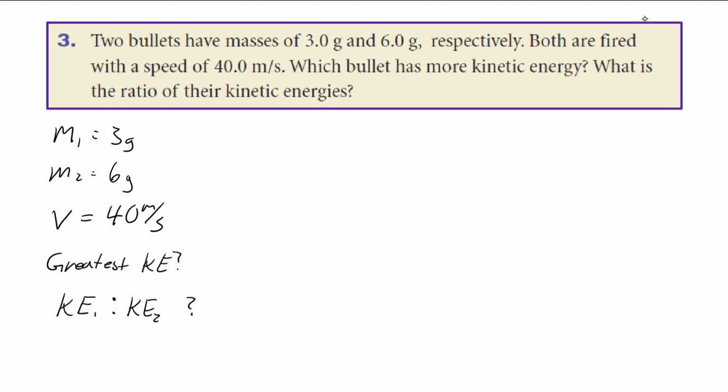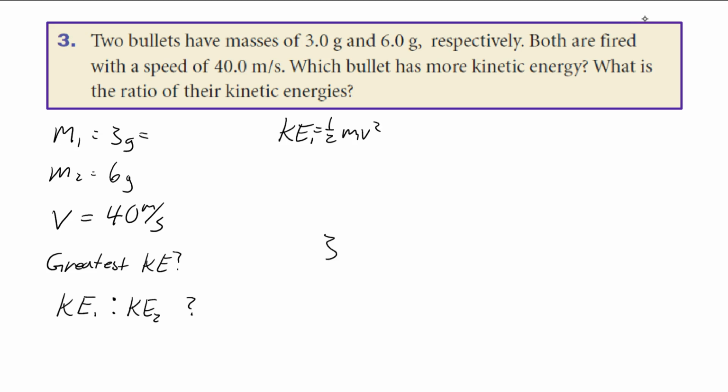We could solve. I'll probably show you how to solve both, but there's a way to do it by just looking at the formulas. Okay, so before we solve, we want to use KE is equal to 1/2 mv squared for the first bullet. Before we plug that in, look at bullet 1.